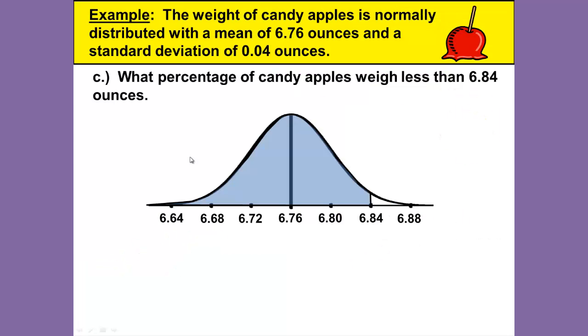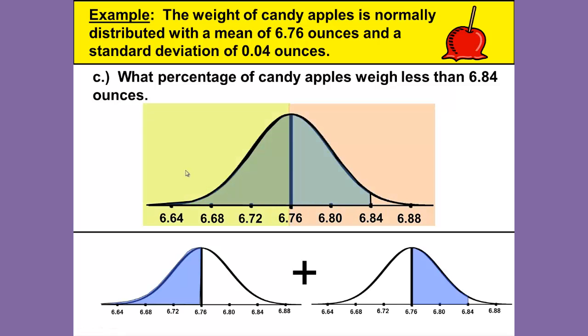So, what percentage of candy apples weigh less than 6.84? Well, since we cannot do this directly, let's divide it into symmetrical pieces. Let's divide this into two parts. As you divide it into two parts, we can see that it shades forever back to the left.